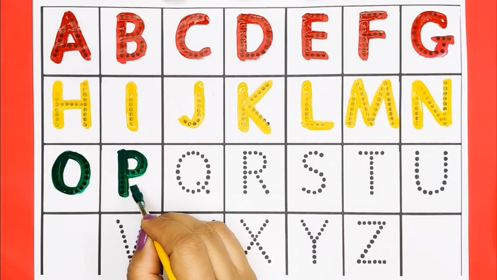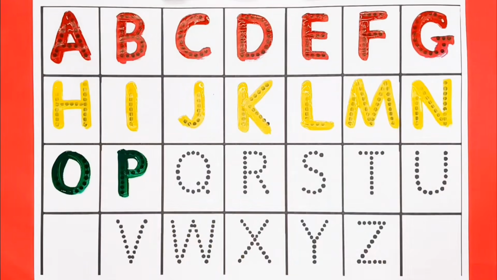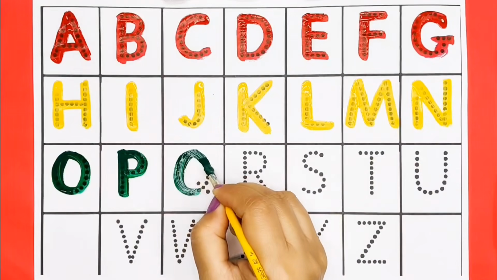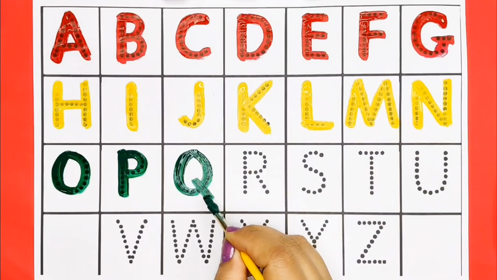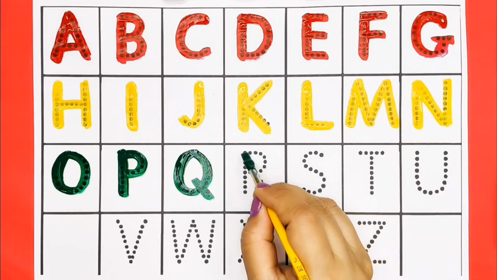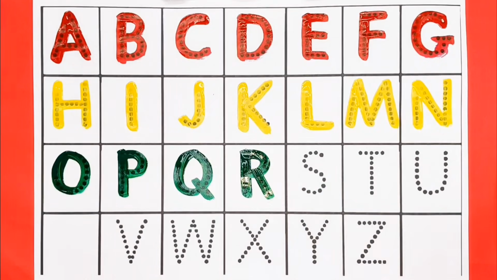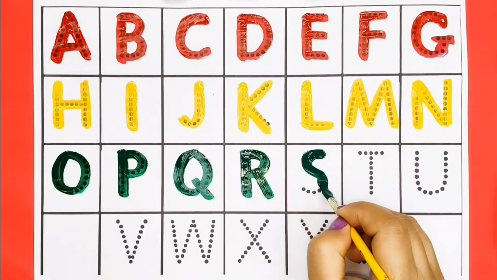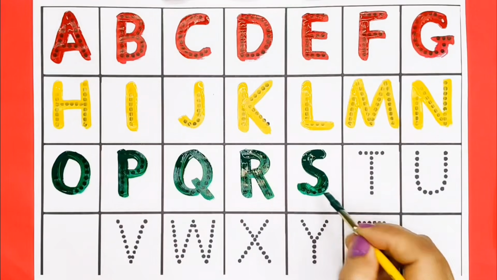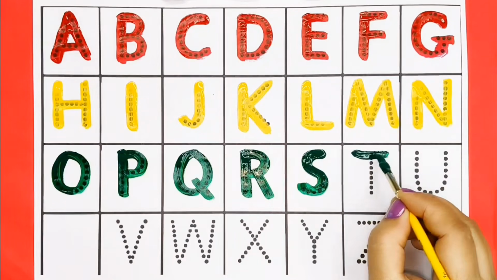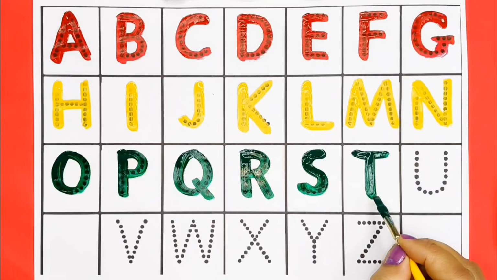P. P for pencil. Q. Q for queen. R. R for rabbit. S. S for sun. T. T for tiger.